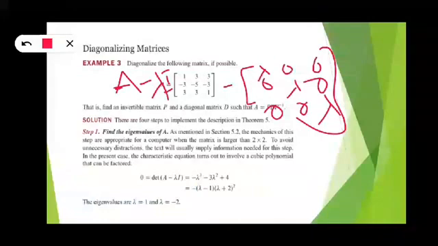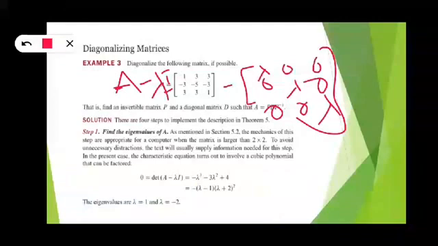So finally what did we get here? 1 minus lambda, 3, 3; same as it is, minus 3, minus 5 minus lambda, minus 3; next 3, 3, 1 minus lambda.